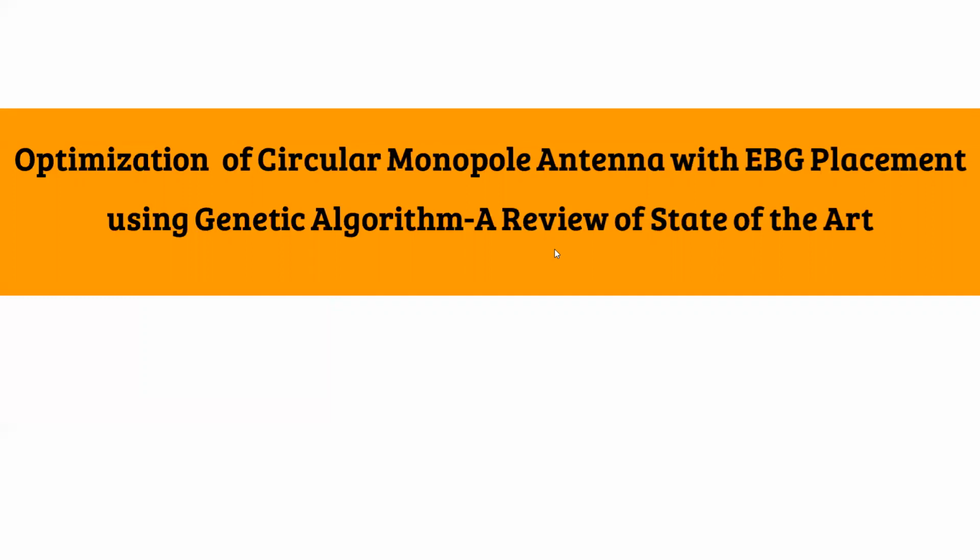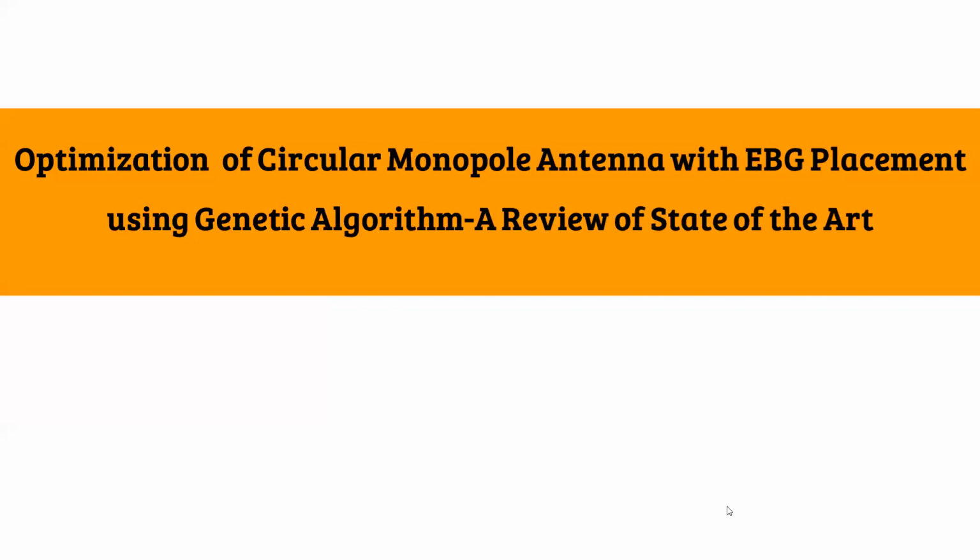Later, we focus on optimization: how to optimize our antenna prototype by using some algorithms. There are various trending algorithms available in the antenna domain. Out of them, the initial algorithm for learners and beginners is the genetic algorithm.